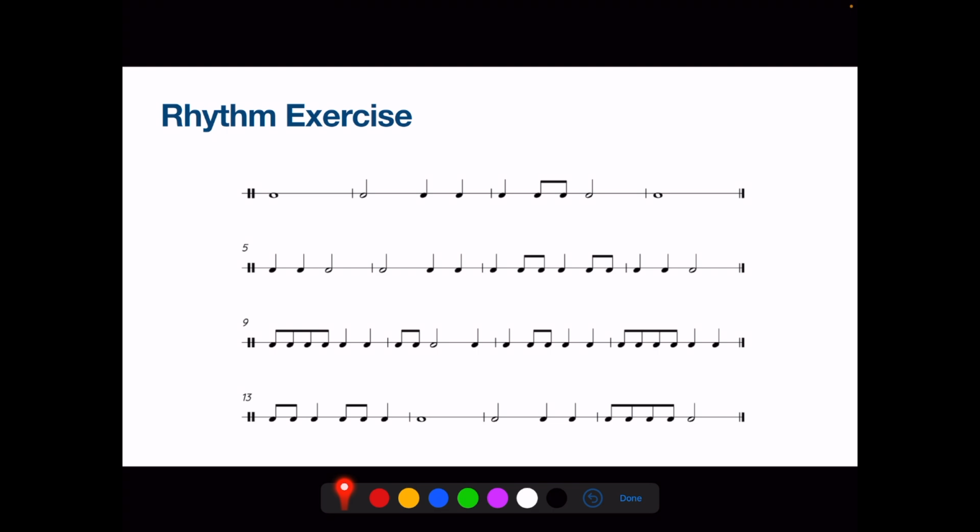Let me try one more time, but maybe a little slower. Ta, ta, ta, ta, ta, ta, ti, ti, ta, ta. Great. Now pause the video and try the second one.